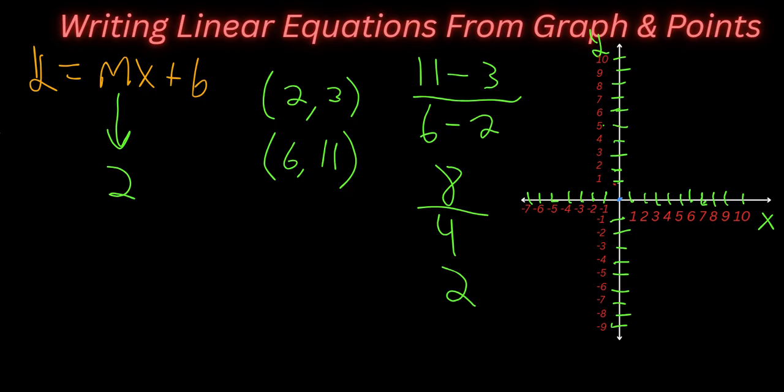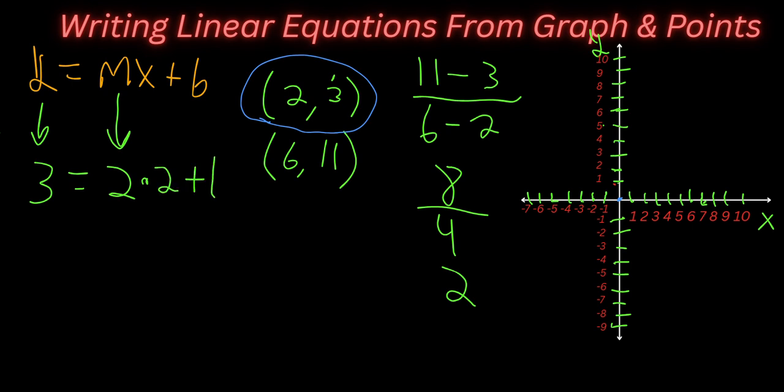Now that we've found the slope of our line, we're going to plug a point into the equation knowing our slope. So that's going to look like 3, because 3 here takes the place of y, equals 2 times x. When y equals 3, the x value is 2, so 2 times 2 plus b.